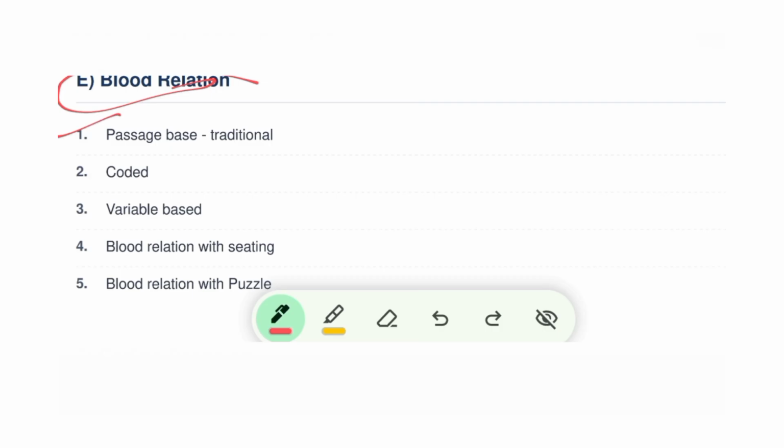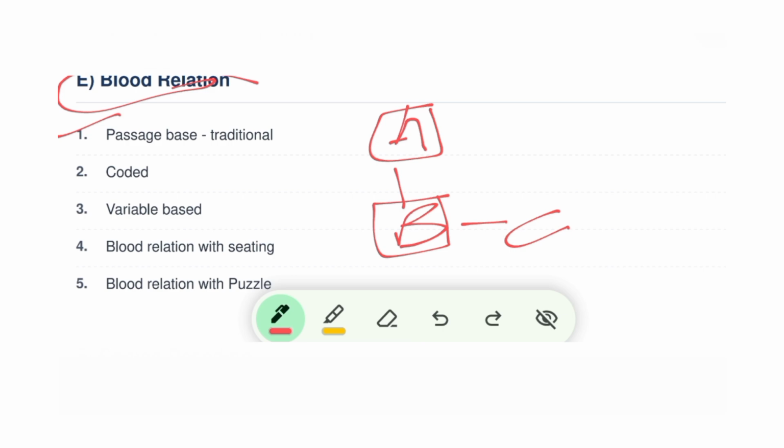First is passage based, which is called traditional, when the statement is given in the form of some information and you have to make the blood relation, like A is the father of B or B is the brother of C. There will be three generations, two generations, two couples, three couples, etc. Then there will be a coded form.